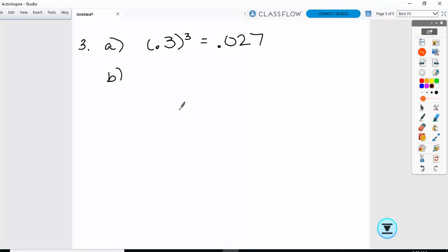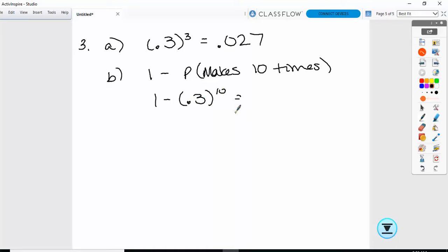But not making it at least once is just the opposite of making it every time. So all we have to do is 1 minus the probability that he makes it 10 times. So just 1 minus your 0.3 to the 10th, which is, yeah, you get a lot of decimals here.